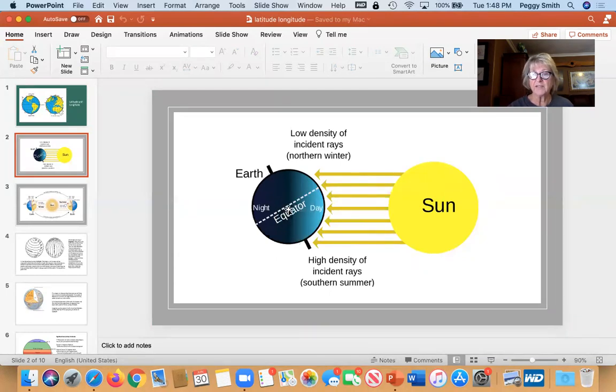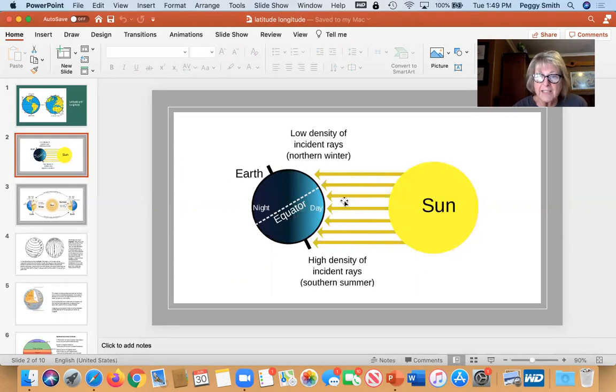And that's because in real life, the Earth is tilted in its relationship to the Sun. And as it rotates or spins, it brings us towards the Sun in the morning and then away from the Sun at night. We always say the Sun came up this morning, but it's the Earth rotating towards the Sun.